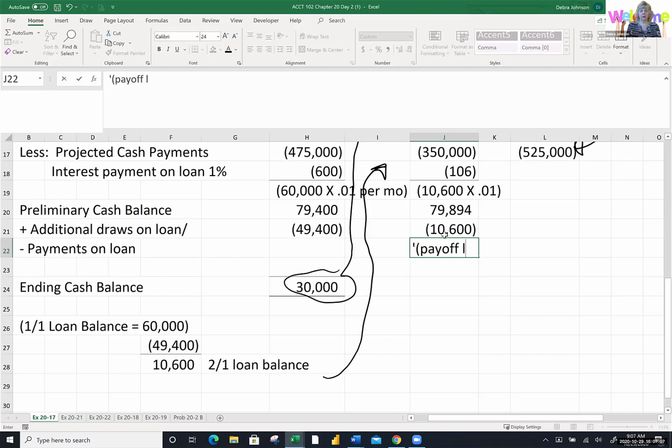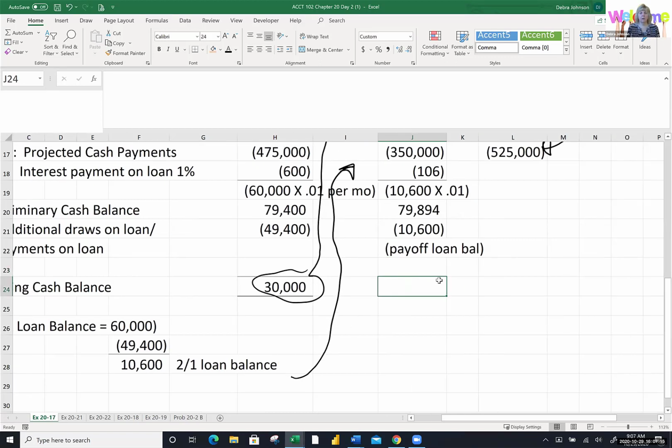Pay off loan. And now I'm ready to run the numbers again. But let me tell you this, I can come over here, and since I have no loan, I have no interest. I'm going to come over here and put none. No interest for the next month because my loan balance is now 0.